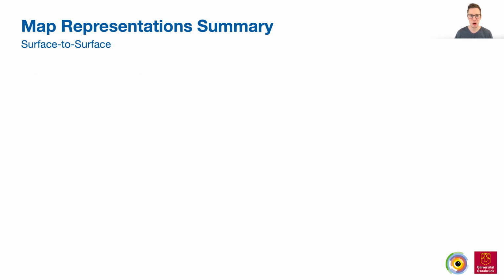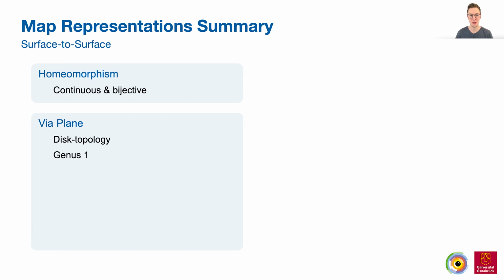Alright, let's summarize what we learned about surface-to-surface map representations. So to faithfully represent a homeomorphism, that is a continuous and bijective map, we need to rely on interpolation in a 2D parametrization. For this, we can use the plane right away in the disk topology and genus 1 case. In all other cases, we first have to cut our surfaces to disks and potentially add singularities at certain points.